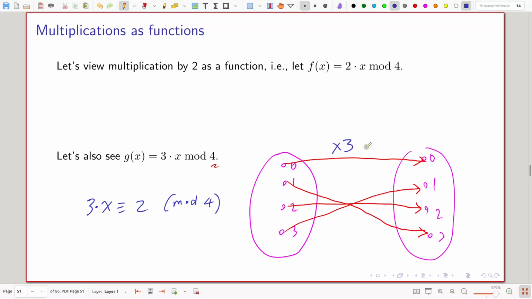Solving an equation is like you want to go back, you want to reverse the operations. You want to reverse 3. If you work in real numbers, reversing is division. You multiply by x, you divide by x, right? But for modular arithmetic, going back is not division. It's division, but a different kind of division.